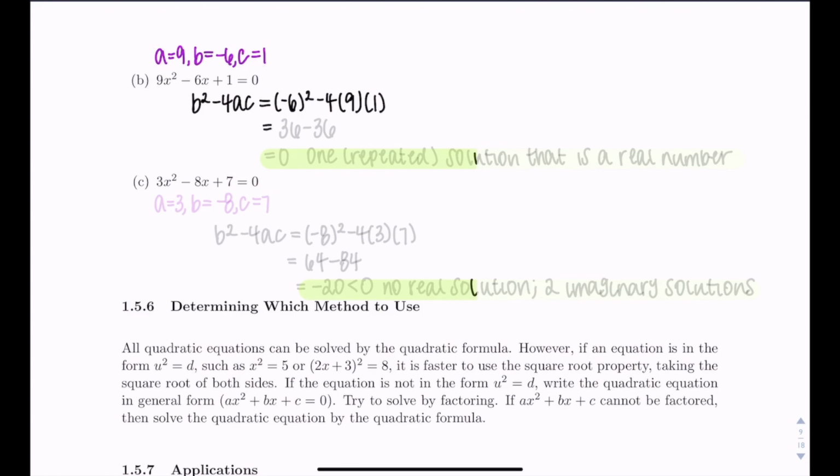Well, this is just 36. And negative 4 times 9 times 1 is also negative 36. And 36 minus 36 is 0. This means that you're going to have 1, and it's a repeated solution. That's a real number.